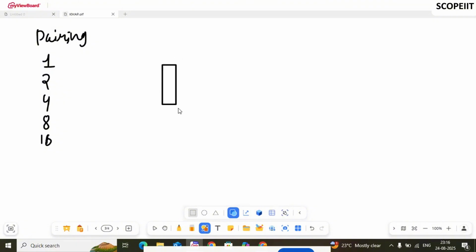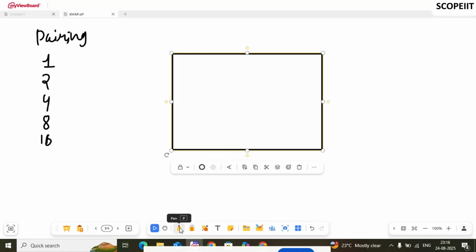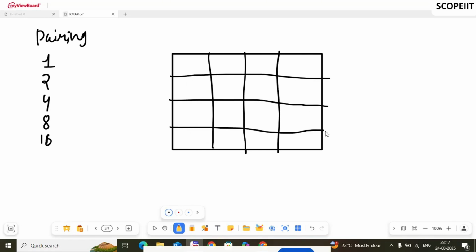So first I'll construct this diagram for 4 variables. Suppose I take the alphabet as A, B and C, D. So here, how to write? A bar B bar, if we are writing below, right?